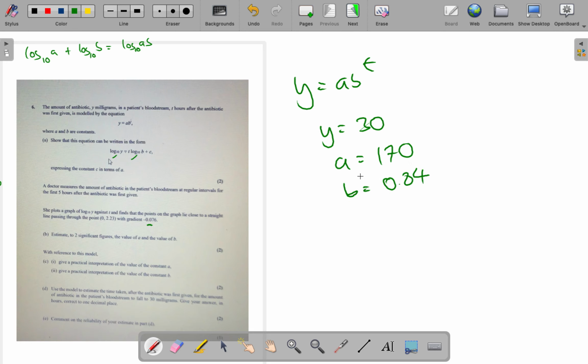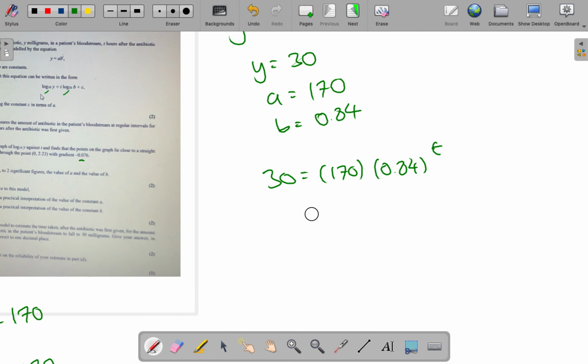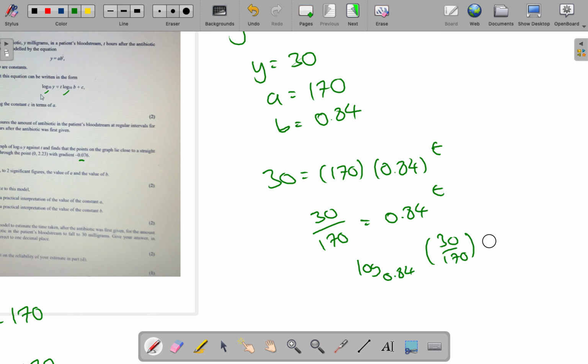So 30 is equal to 170 times 0.84 to the power of t. And then from here we just rearrange. So 30 over 170 is equal to 0.84 to the power t. And then we're going to do log base 0.84 of 30 over 170 to get our answer T, and T should come out at about 9.9 hours.